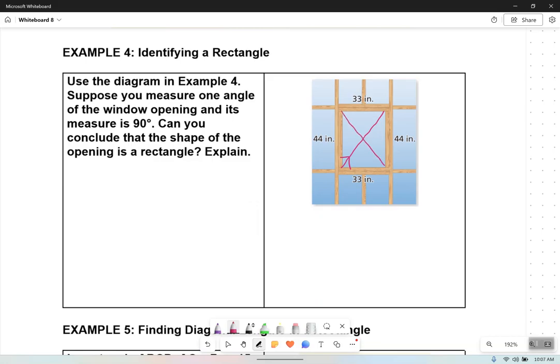Okay. In both cases, wouldn't 33 squared plus 44 squared have to equal the diagonal squared? For both cases? So what could you say about the diagonals?